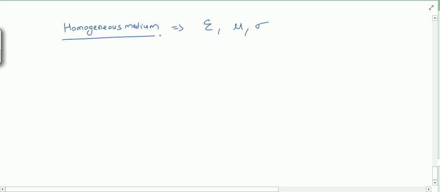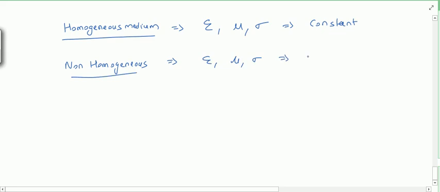For a homogeneous medium these properties are constant. For a non-homogeneous medium these values won't be constant; they change from location to location.